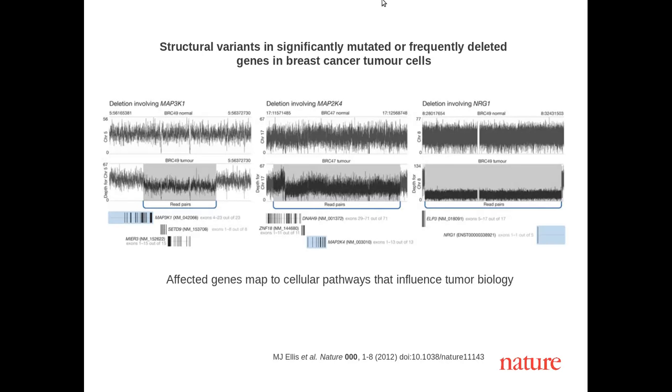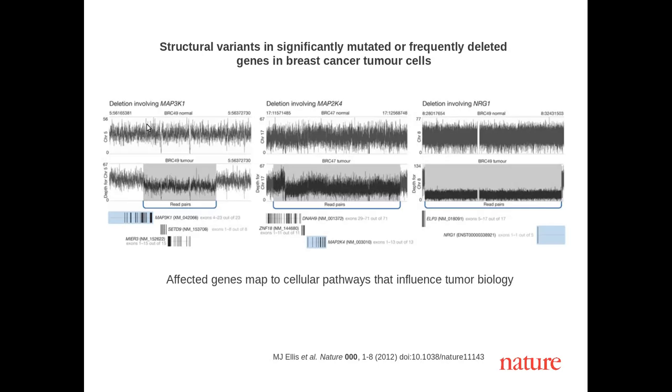One way in which structural variants affect cells is through dosage. Imagine the deletion of part of a chromosome, or one of the maternal or paternal alleles in a region on a chromosome, such as this one here, where a gene called MAP3K1 is located.